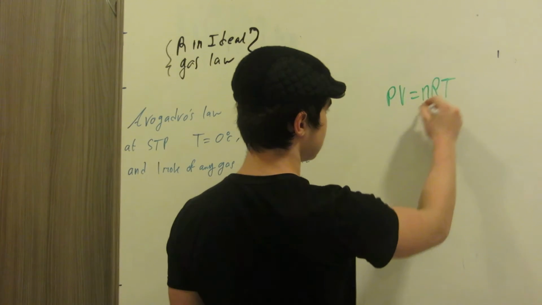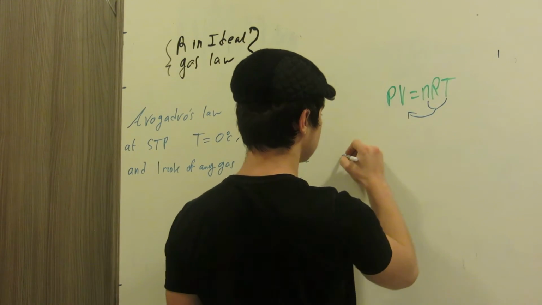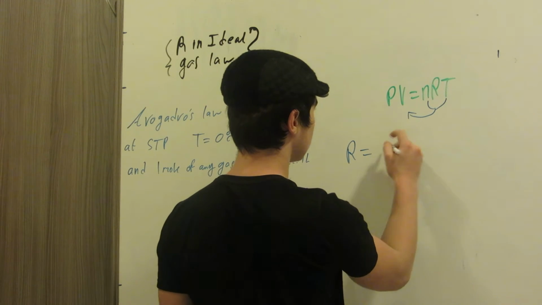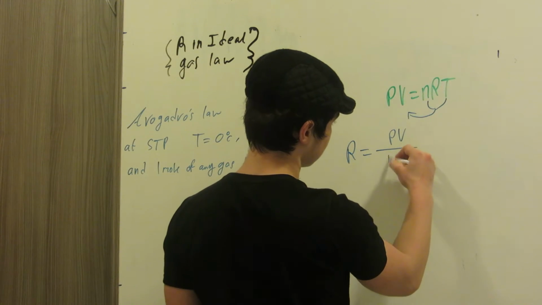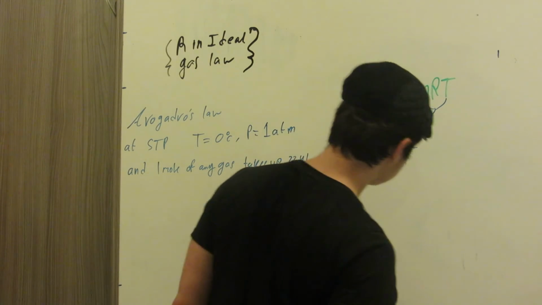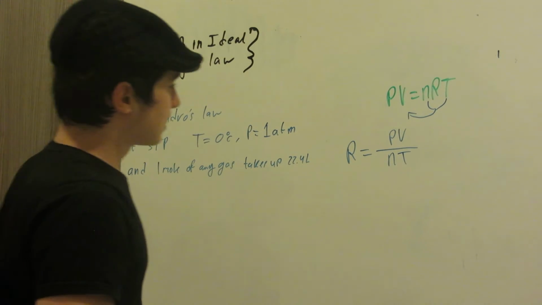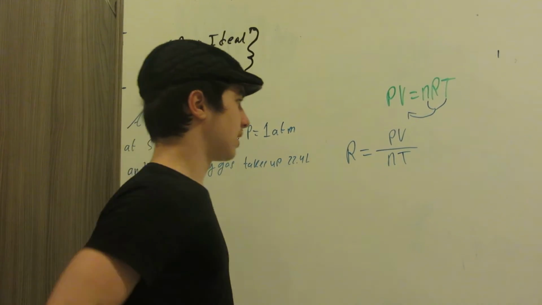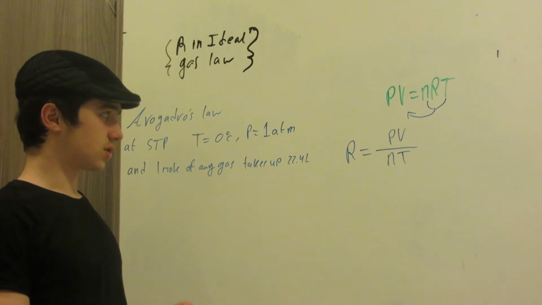That means that the T and the n must go, and we're going to be left with the formula R equals PV over nT. As you can see, we need to start solving according to that formula.